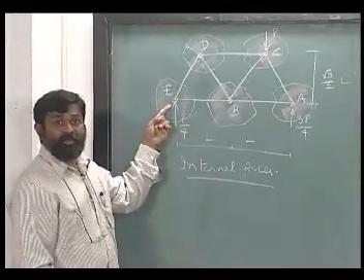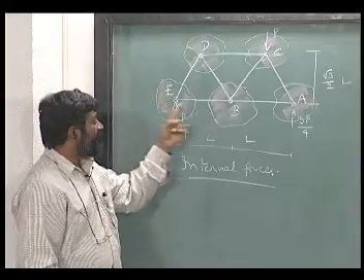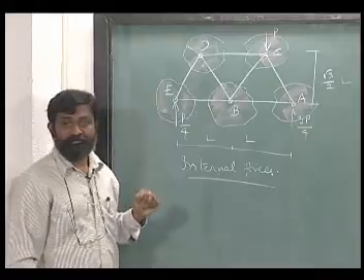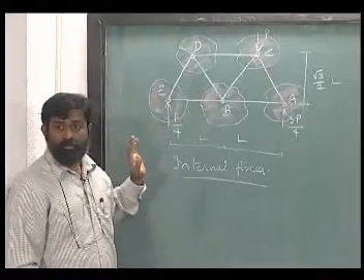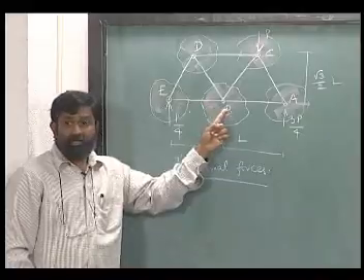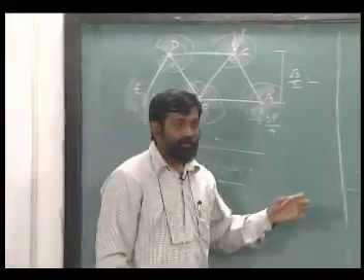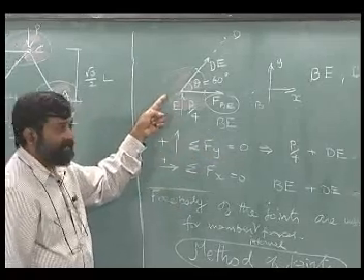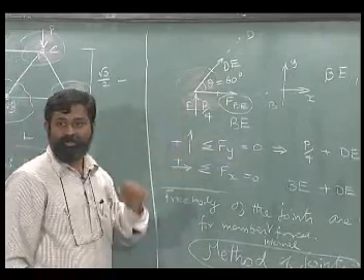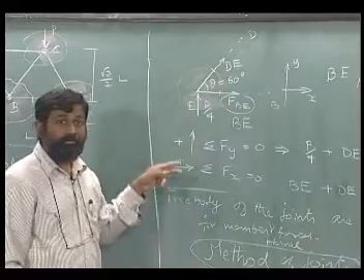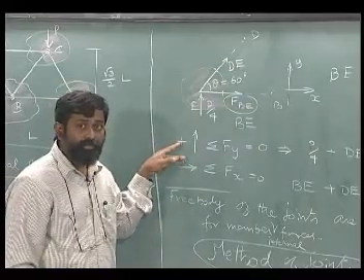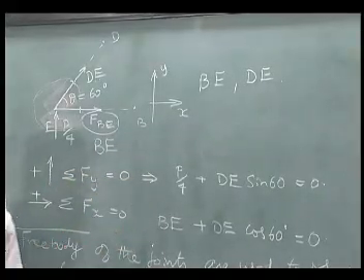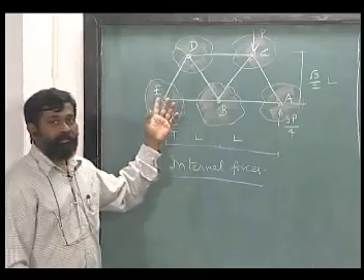If you look at this particular joint E, I have BE and DE as unknown member forces acting. Okay. Are there any other unknowns? No. And for every joint, how many equations can I write? If I go back to this, I can write 2 equations for every joint. Okay. And therefore, if I am able to generate 2 equations for 2 unknowns, I can directly solve for those unknowns.